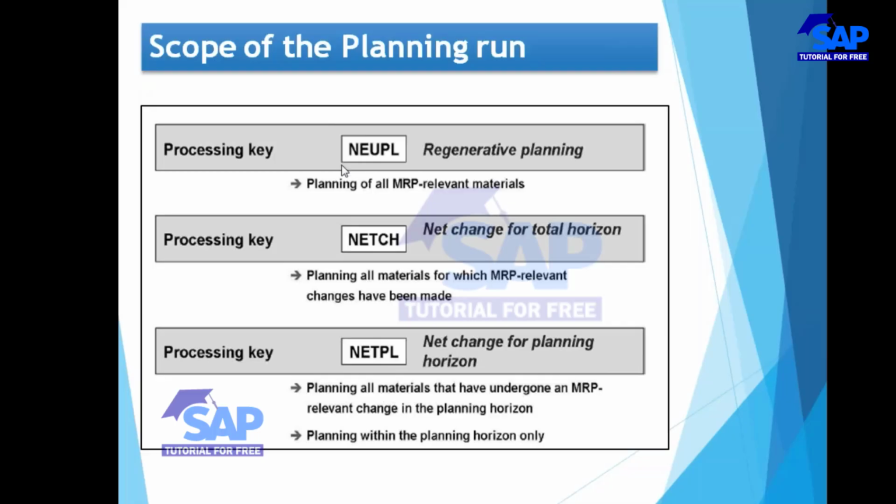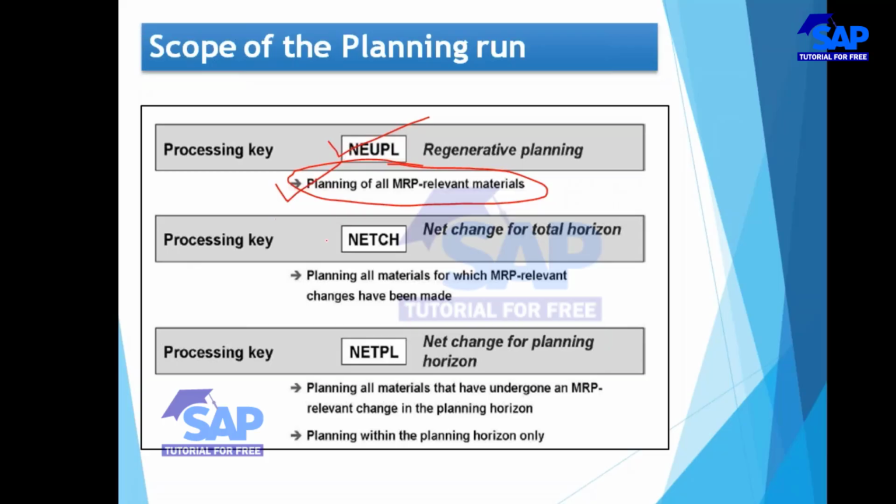One is NEUPL. It means it will plan all the MRP relevant materials. It will not check for the planning file entry, which we discussed. Whether that material has undergone any change or not, it will not check. It simply plans all the materials in the plant.